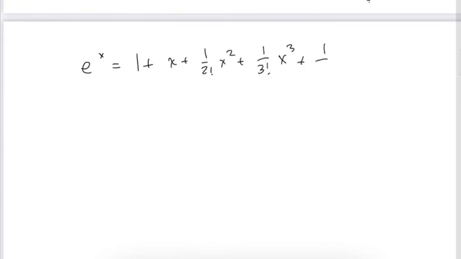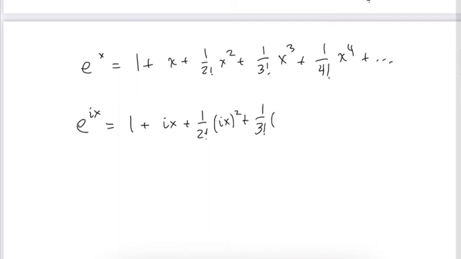I'll just go up to the 4th term. What if I use ix instead of x? e to the power ix. It's 1 plus ix plus 1 over 2 factorial ix squared, 1 over 3 factorial ix cubed, 1 over 4 factorial ix to the 4, etc.